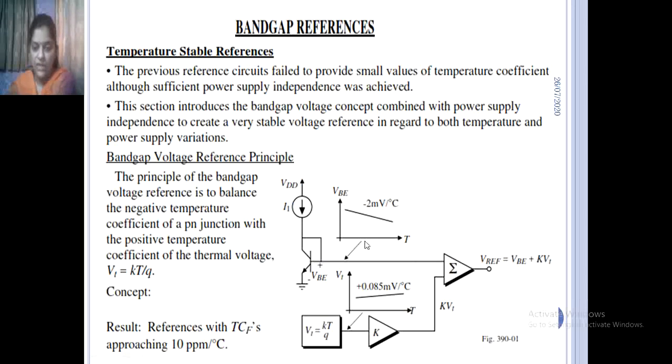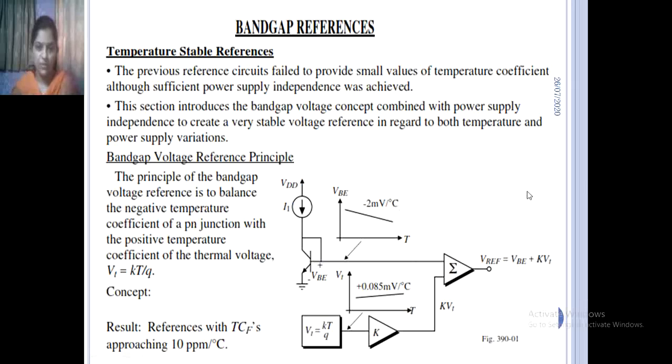That's why the graph looks like this, with the negative temperature coefficient and the positive temperature coefficient. To overcome the failure of the reference voltage to provide good temperature coefficients, the bandgap voltage reference principle is used.